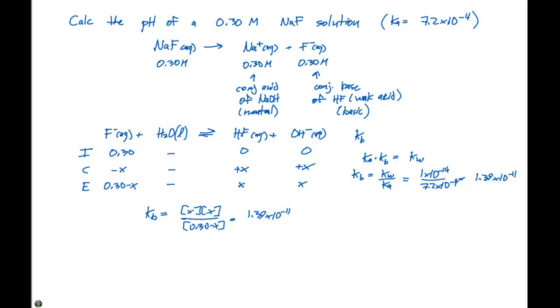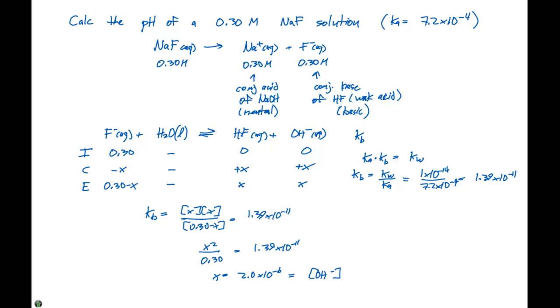This is a very, very small value, which is great because now we can use the approximation, and that's going to give us X squared divided by 0.30 is going to equal 1.39 times 10^-11. If we solve for X by multiplying by 0.3 and taking the square root, we get 2.0 times 10^-6, which is going to equal our concentration of OH-.